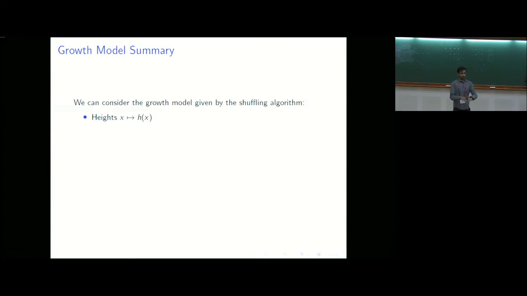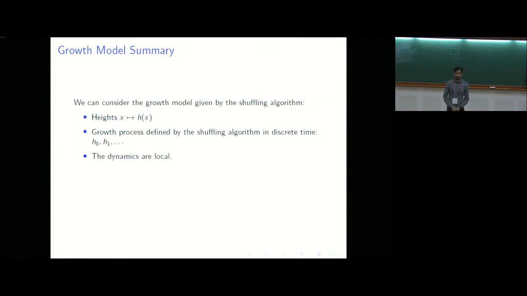And what we mentioned earlier is that for each domino configuration we've got a height function. So we've got a surface representation. We can run this discrete time algorithm, and so we'll get a family of height functions, H0, H1, etc.